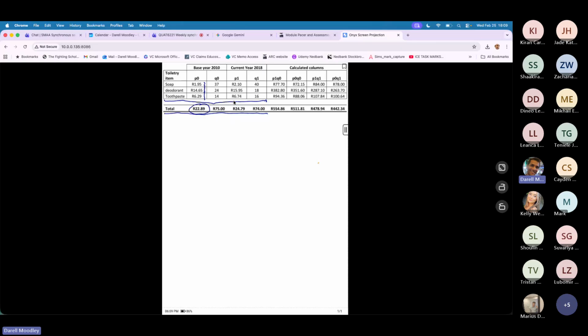You add those 3 items up, and you'll get 2289. You do the same thing for the next column. Add 37 to 24 to 14, and you'll get 75. That's how you get the totals. And you do that for these 4 columns. Add these, you'll get 2479, and add these, you'll get 74 and. Okay, that's how you get the totals. So you'll need to calculate that. You will need them.